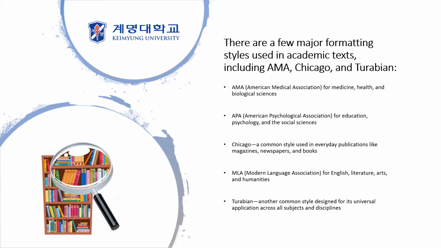APA, which stands for American Psychological Association, is used for education, psychology, and the social sciences. Chicago is a common style used in everyday publications like magazines, newspapers, and books. The Modern Language Association, or MLA, is generally used for English, literature, arts, and humanities. And Turabian is another common style, designed for universal application across all subjects and disciplines, like a multipurpose format.